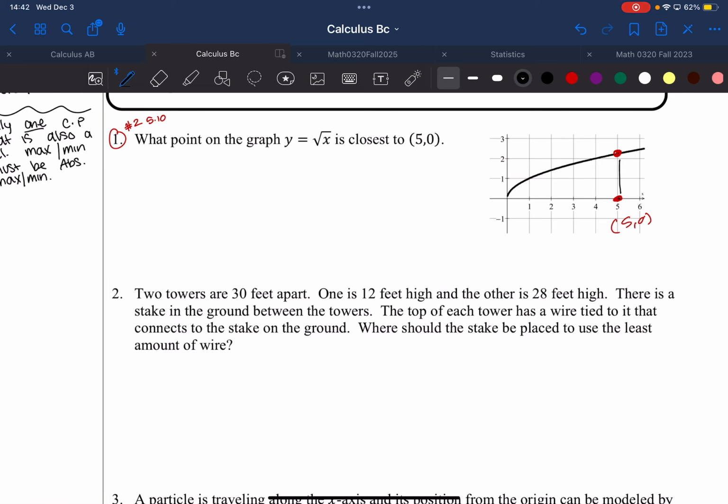When we plugged everything into the distance formula, we got d is equal to the square root of x minus 5 squared plus x. Okay, all under that square root. Again, in 5.10, I show you how to get to this point. We also determined that the point that we're trying to estimate is going to be x comma the square root of x.